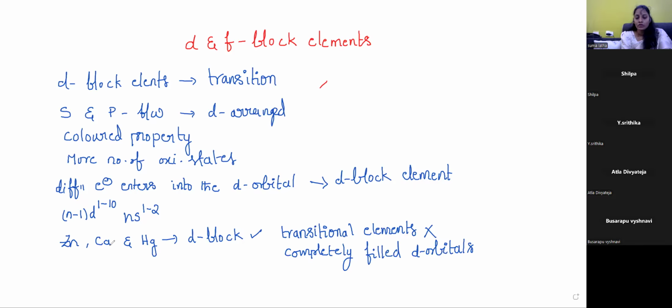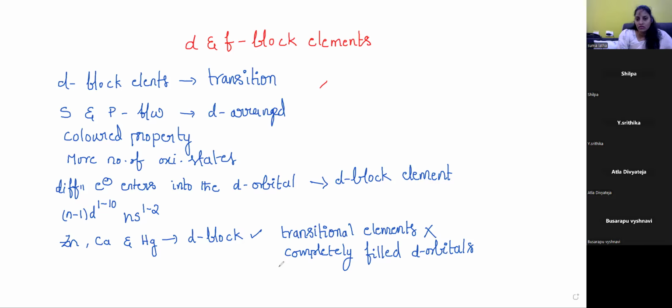Because of completely filled d orbitals, no transitions are possible in these elements. So there is no absorption of some wavelength in some region. That is the reason the colored property is not there for these elements. This is the main reason: completely filled d orbitals.